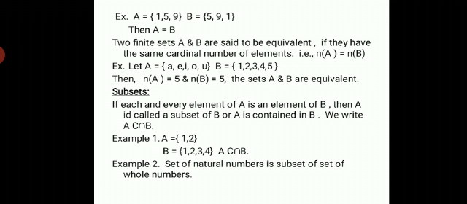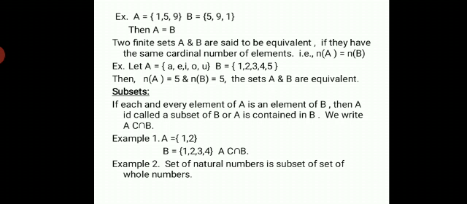Then n(A), the cardinal number of the elements in set A, is 5. Similarly, the cardinal number of set B is 5. The sets A and B are equivalent.